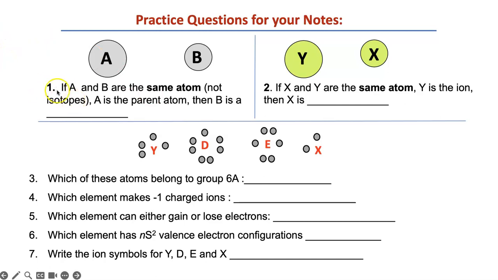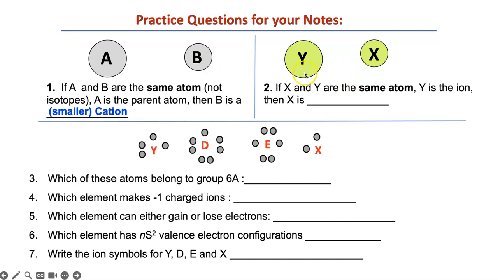So, question 1. If A and B are the same atom, they're not isotopes. A is the parent atom and then B is A. I'm asking, is it a cation or an anion? So if A is the parent and B is smaller, this is definitely a positive charged ion, right? So it's going to be smaller if it's a cation.